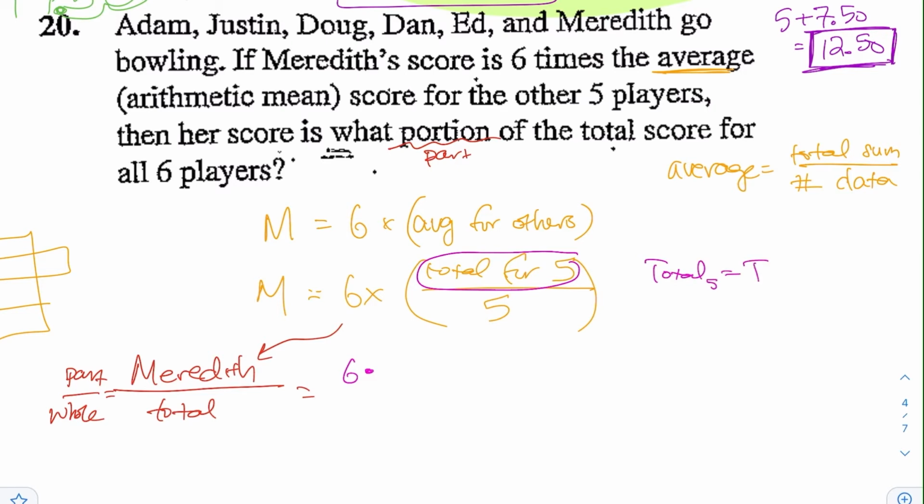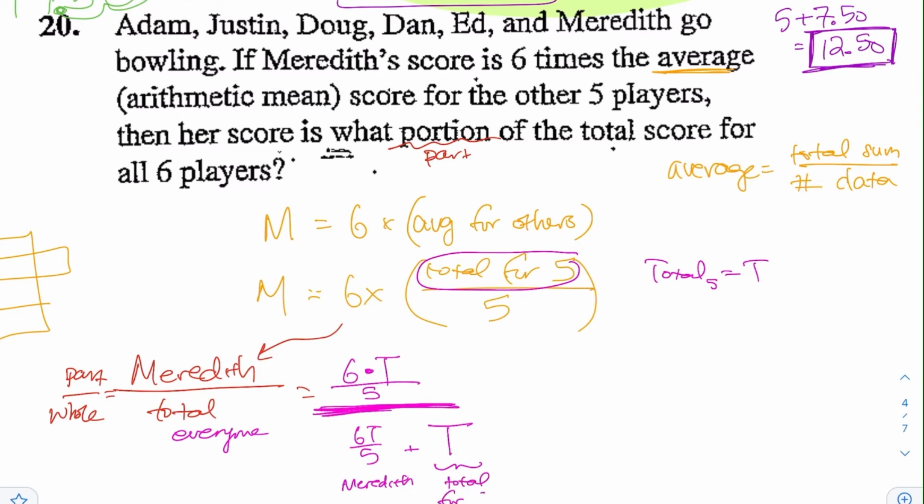We'll just call that T. So 6T divided by 5. Now the total for everyone is 6T over 5. This is Meredith's score. Plus T, which is the total for the 5 others. Remember, there are 6 people playing or 6 people bowling.